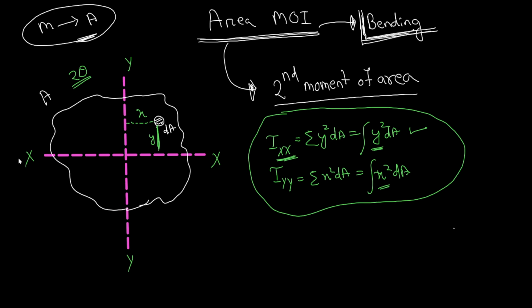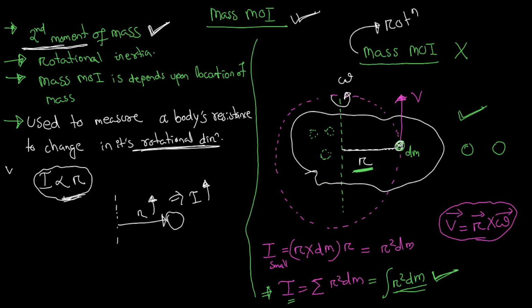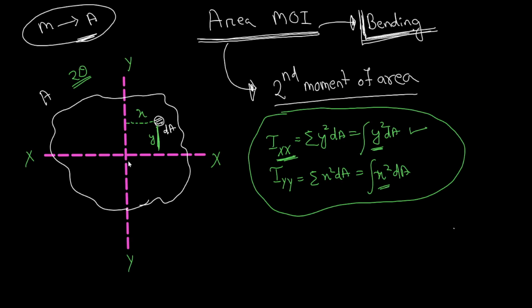But in the 3D mass moment of inertia, the axis was perpendicular to the plane figure, whereas here these axes are lying on the same figure. So this is the difference.